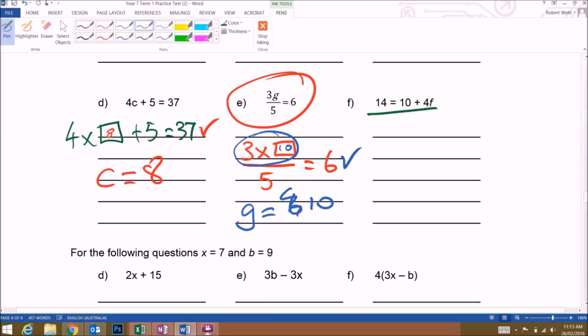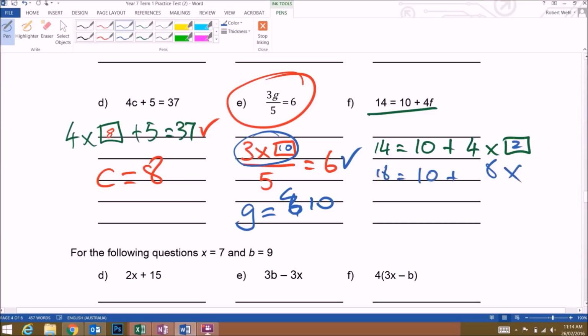Next one. 14 equals 10 plus 4 times something. We need to do the 4 times something first. Start with a small number, so let's go with 2. 4 times 2 equals 8. Okay. 10 plus 8 equals 18.